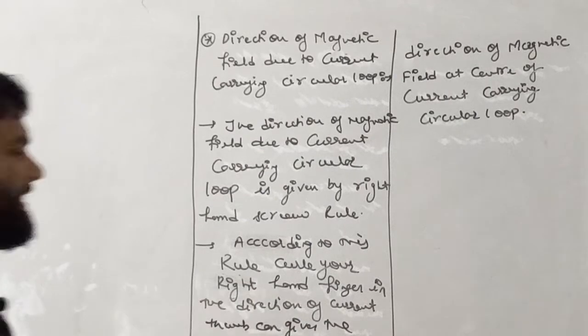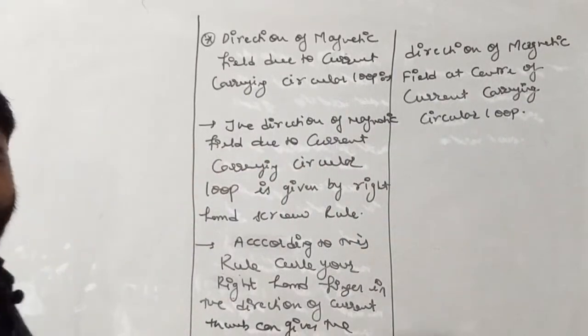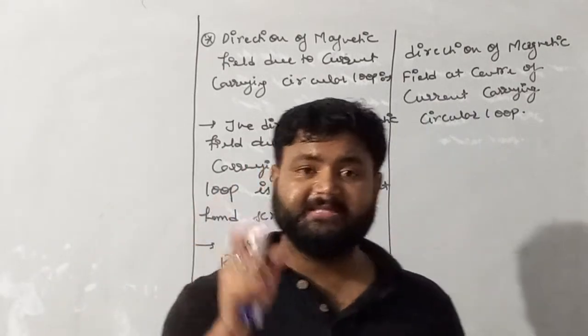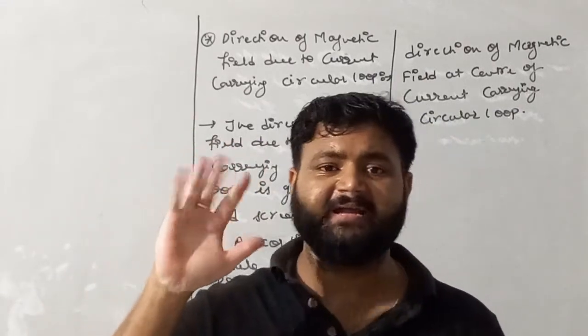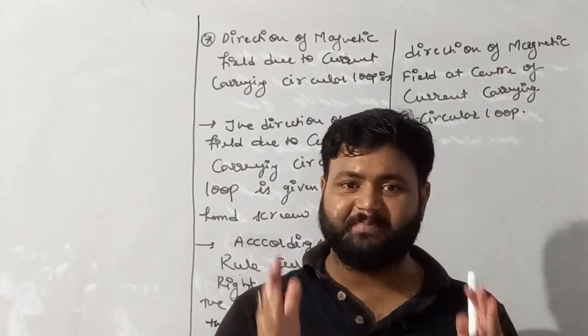So my dear students, the direction of the magnetic field due to a current carrying circular loop is given by the right hand screw rule. In this rule, we have to curl our right hand fingers in the direction of current. The thumb gives you the direction of the magnetic field.